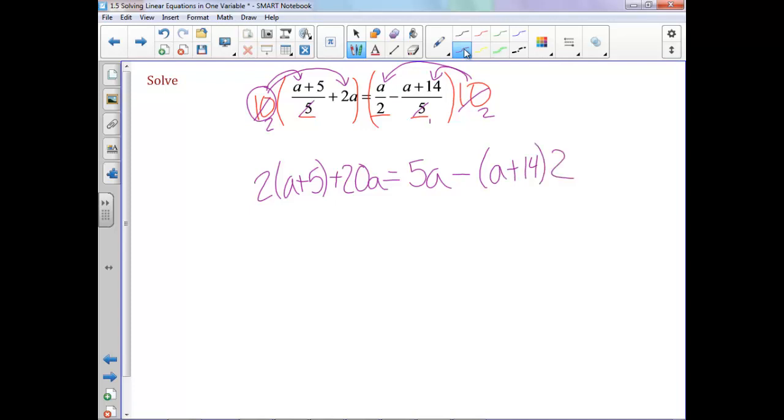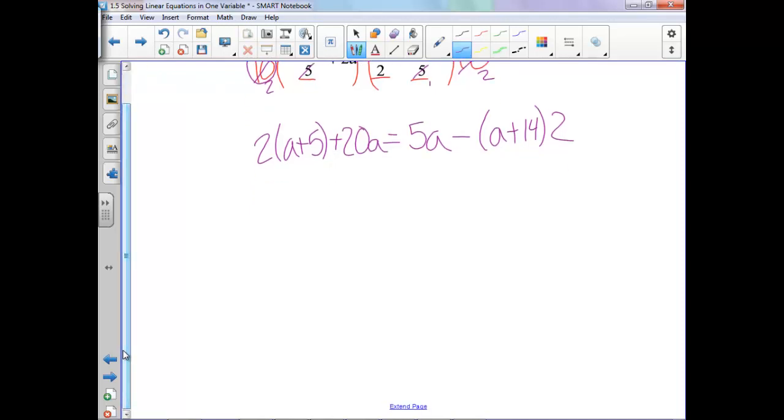Now let's simplify each side and get rid of our parentheses. So we'll distribute this 2, and we'll have 2a plus 10 plus 20a still. On this right side, we'll have 5a, and notice you're subtracting this whole quantity.